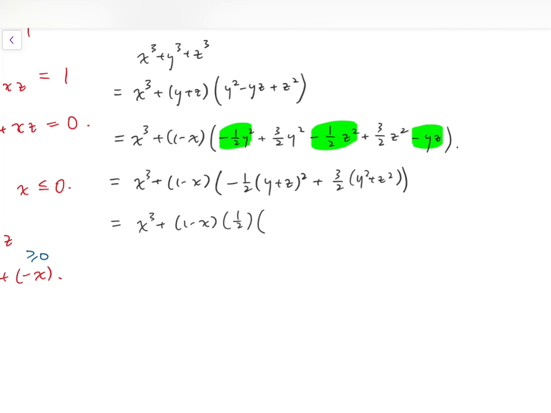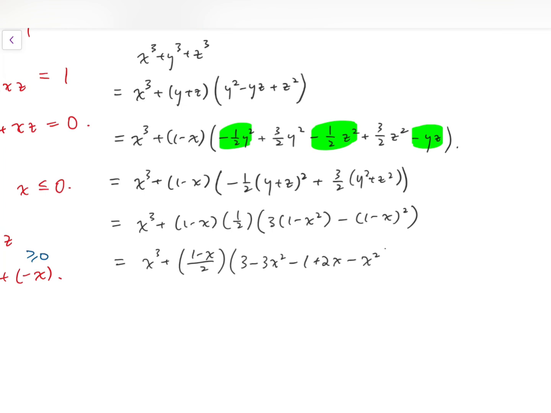I'm taking out the 1/2, and then we have 3 times (1 minus x squared) minus (1 minus x) all squared. So 3 minus 3x squared minus 1 plus 2x minus x squared.